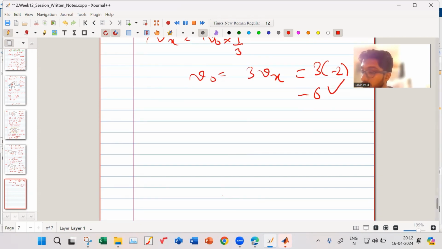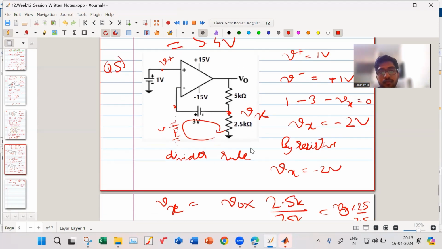Now, what are these rules we should look for when we are solving? This is a pretty normal question, but somewhere in the previous question we just used the current divider rule.